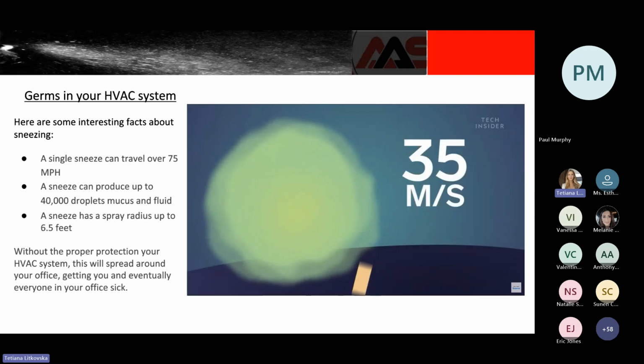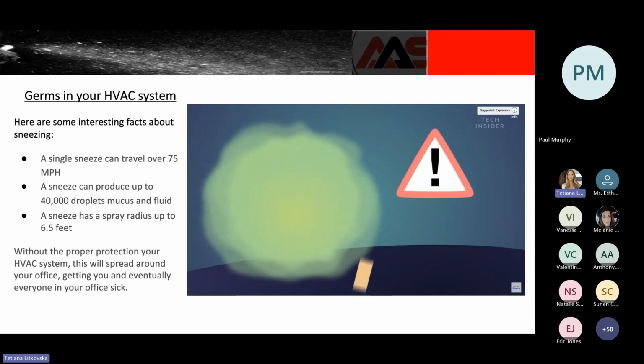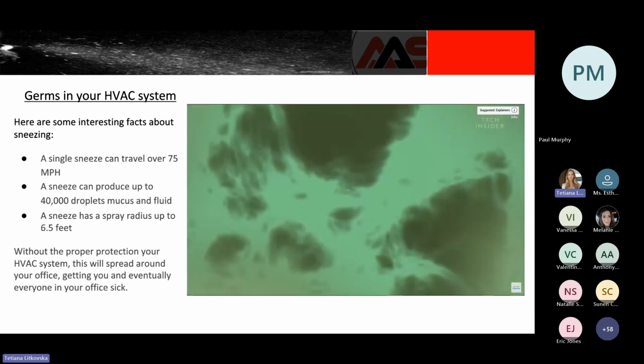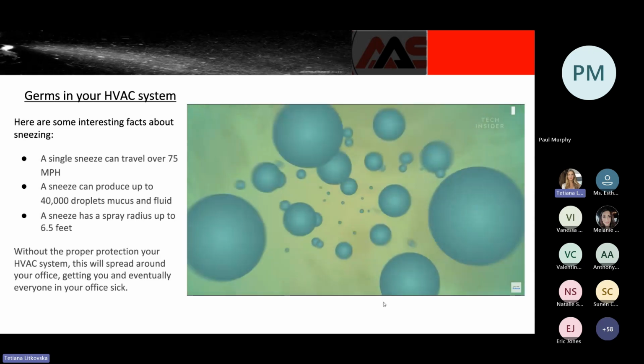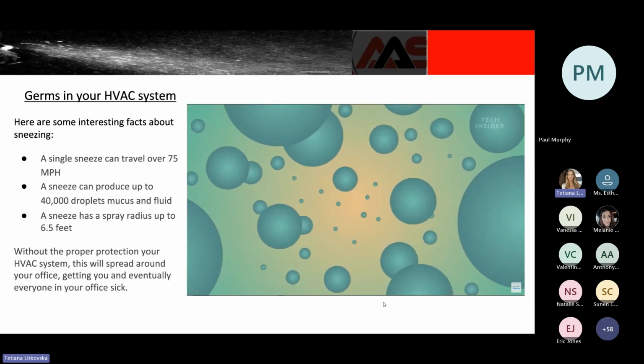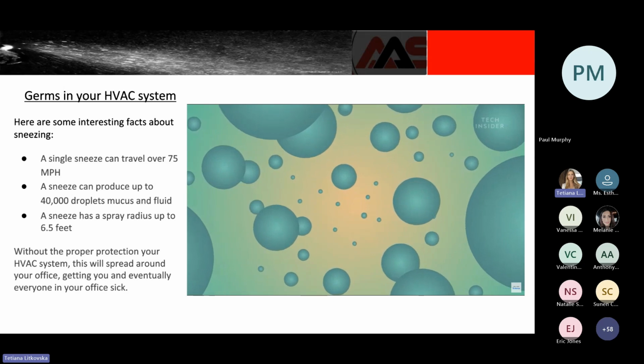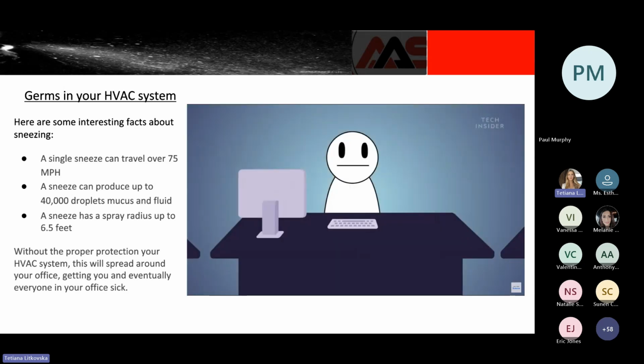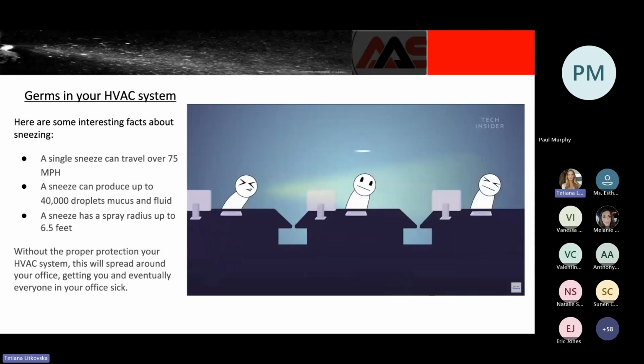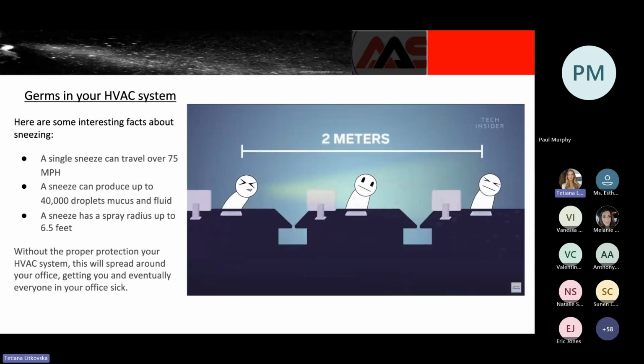That's fast enough to give you a speeding ticket on the highway. Once that cloud hits the air, it expands, breaking up into snotty strings, then a series of different sized droplets, all trapped in a turbulent gas cloud. One brave group at MIT discovered that the biggest droplets can travel up to 2 meters, about the distance between your desk and 2 desks away.